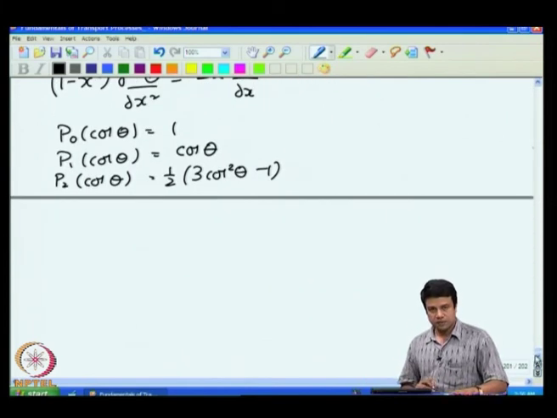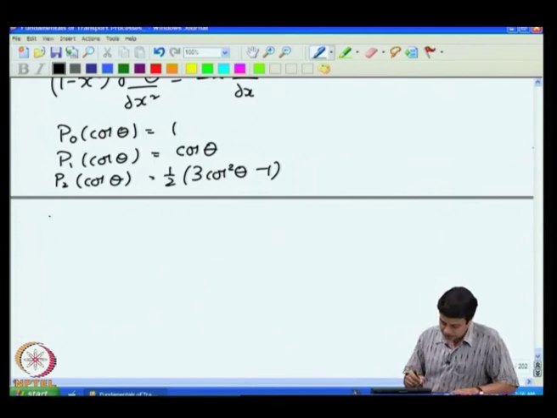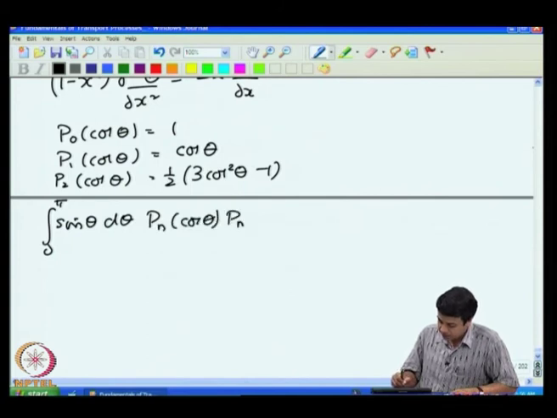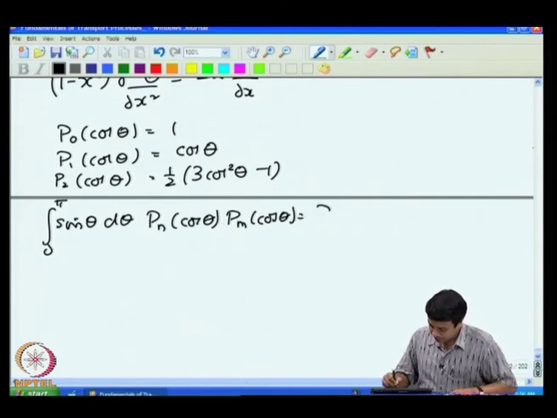And these Legendre polynomials also satisfy orthogonality relations. Integral sin theta d theta from 0 to pi Pn of cos theta into Pm of cos theta is equal to 2 by 2n plus 1 times delta nm.